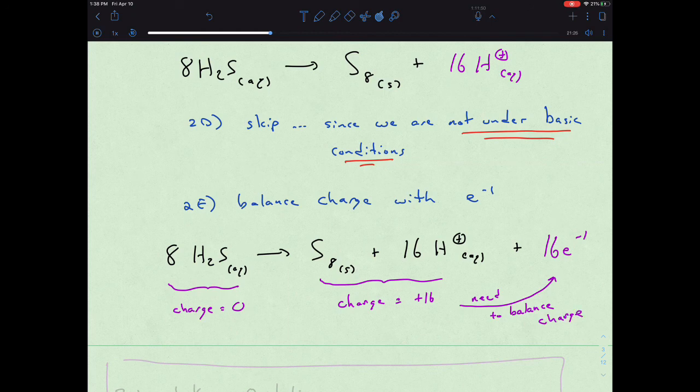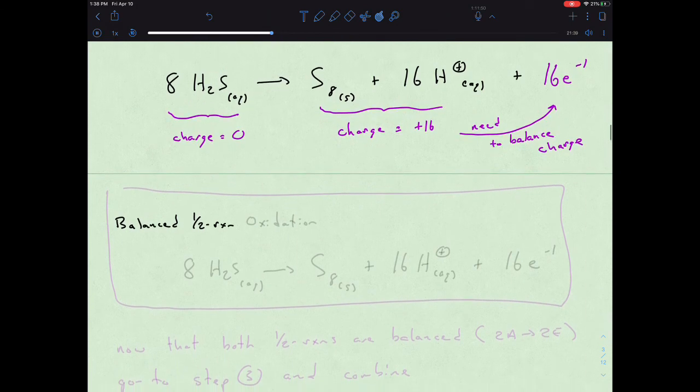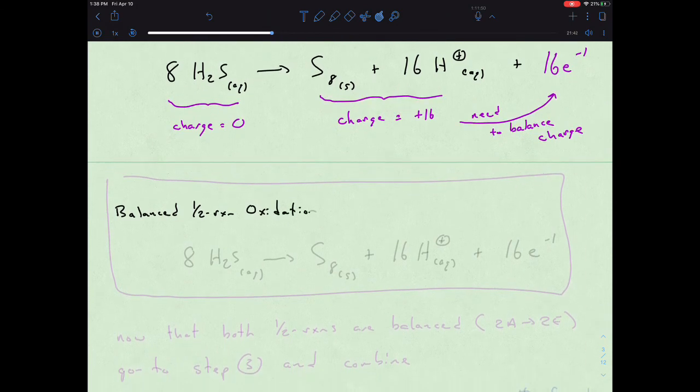So that means we would have, at the end of the day, as far as our balanced half reaction for oxidation, we would be looking at the sulfurous acid, pretty much what we have above there, producing the solid sulfur, 16 protons, and 16 electrons in that process.